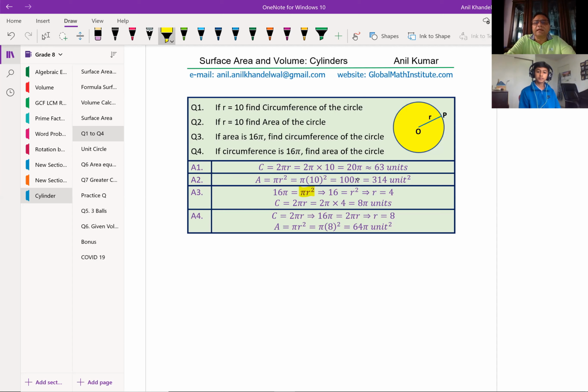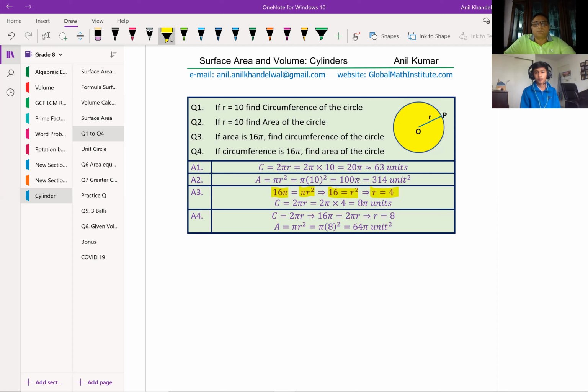And we are given area as 16 pi. So you can equate 16 pi to pi r square. Pi and pi will cancel, so you'll get 16 equals r square, right? And when you square root it, you know r is 4. 4 square is 16. So you can find radius, and once you find the radius, then you can always find the circumference of the circle, correct? So it is very important to do reverse calculations.